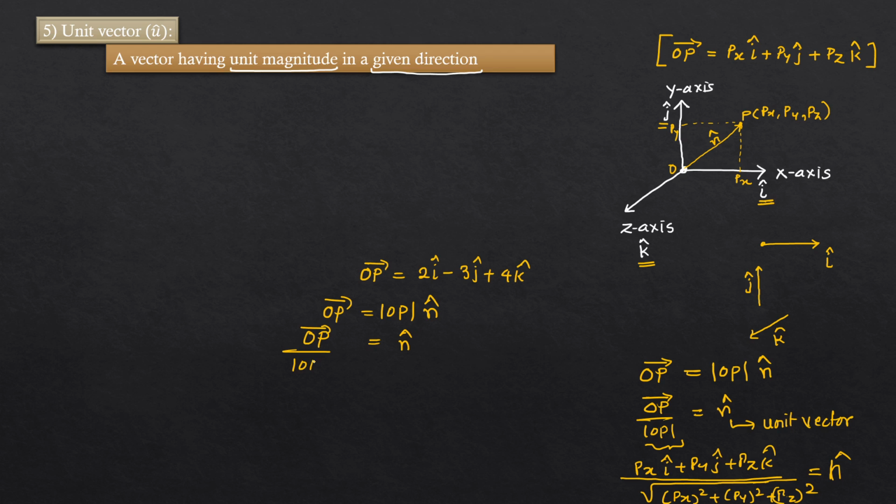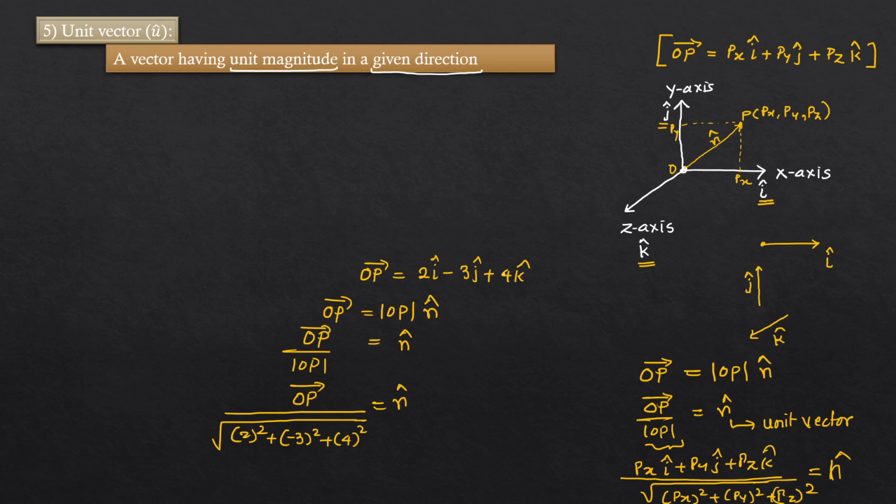So n cap will be OP bar divided by under root 2 square plus minus 3 square plus 4 square. To remember, a minus never comes here. Now minus 3 square becomes plus 9, always plus. So don't worry, let it be minus here.